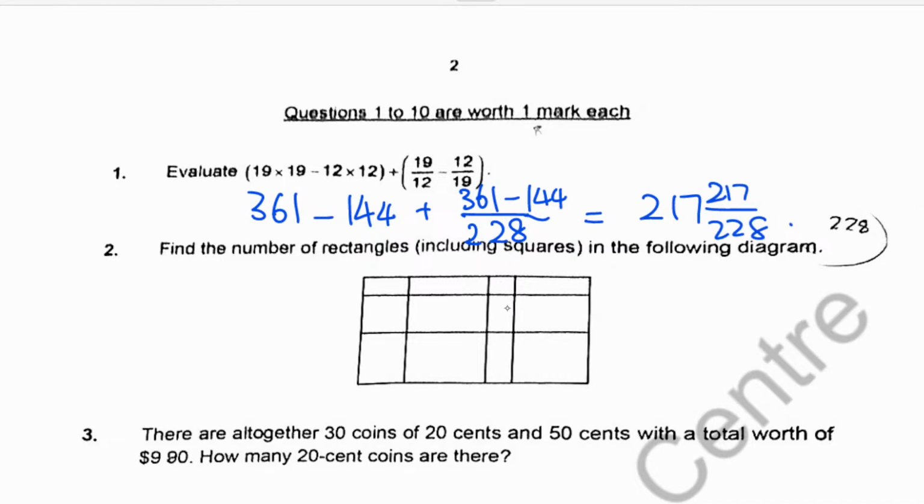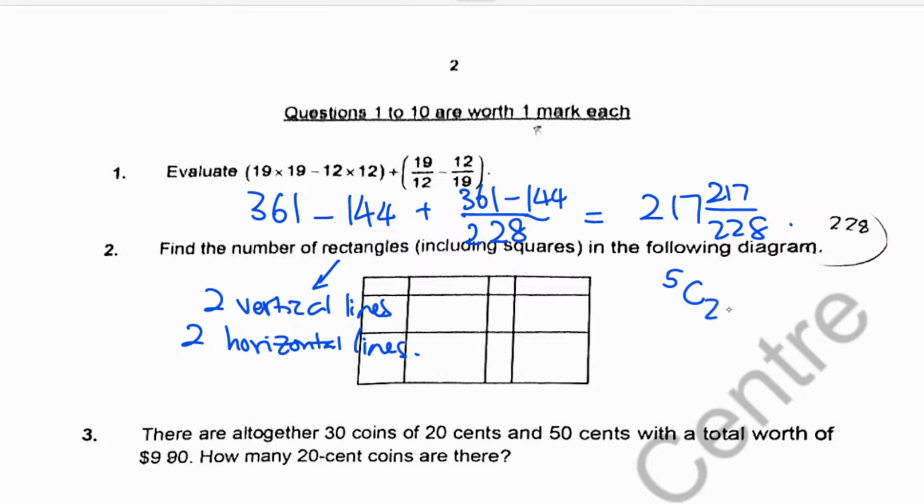So you can just leave it in terms of 217 plus 217 over 228. Okay, for question 2, find the number of rectangles in the following diagram. The rectangle is made up of 2 vertical lines and 2 horizontal lines. How many vertical lines are there? There are 1, 2, 3, 4, 5 vertical lines, so there are 5 choose 2 ways to choose the 2 vertical lines.